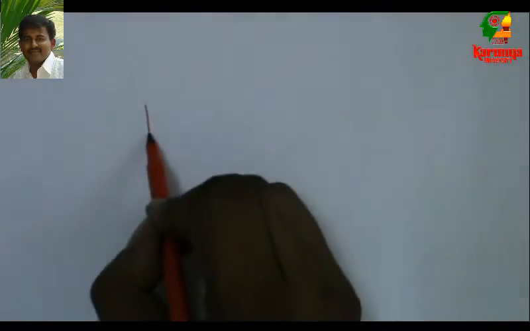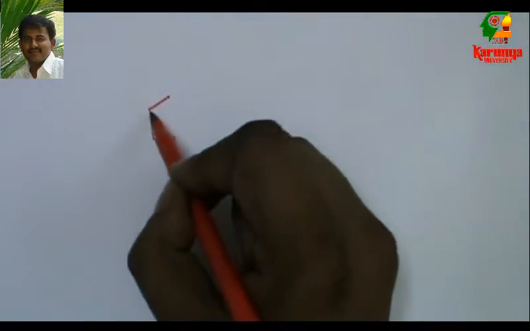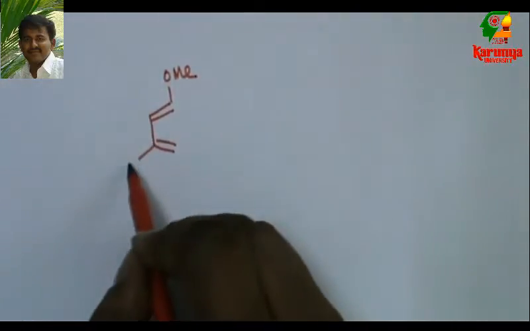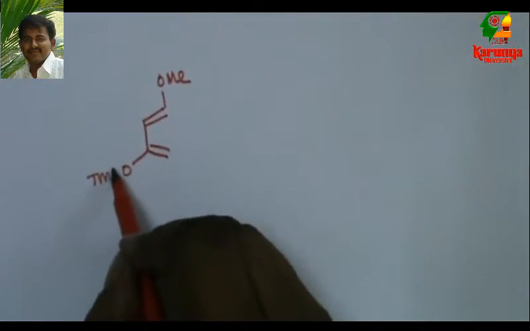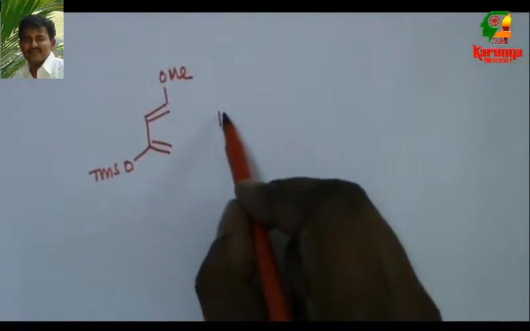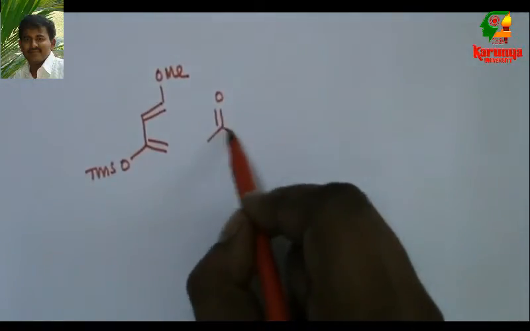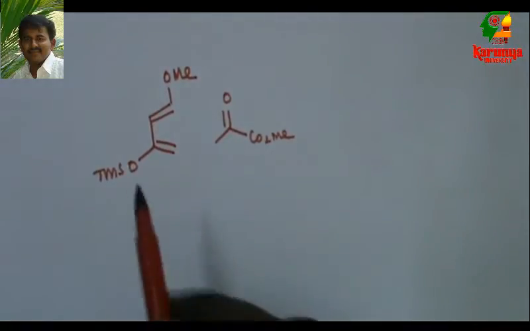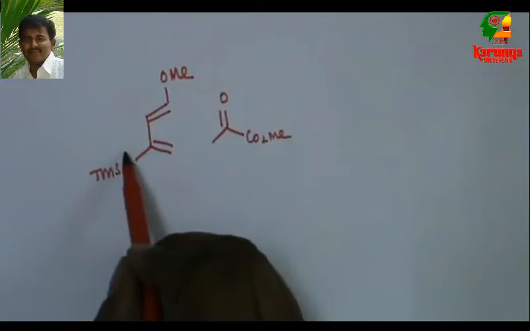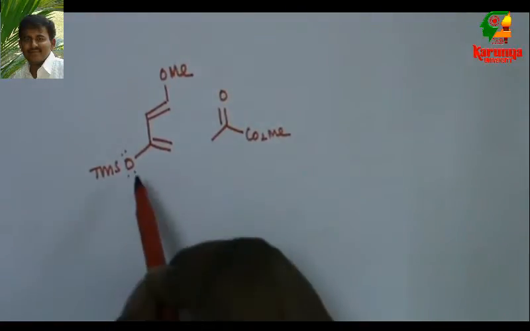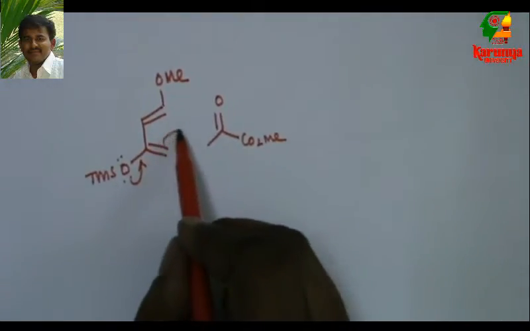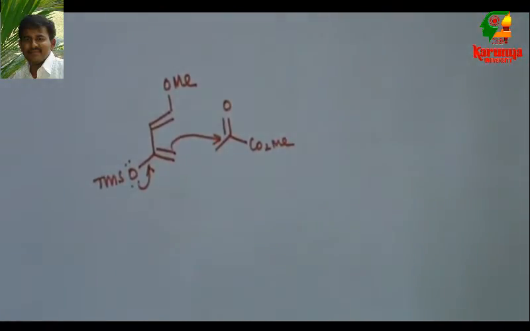To explain that, I go for this mechanism. Even though the Diels-Alder reaction is a concerted mechanism, I give this arrow-pushing mechanism. Here, since it is silyl enol ether, this lone pair of electrons can go here and attack this one.